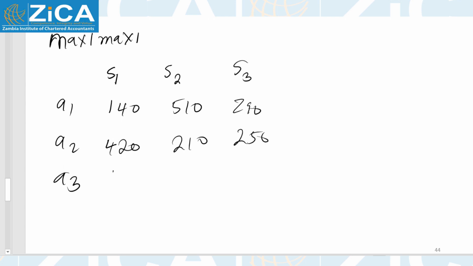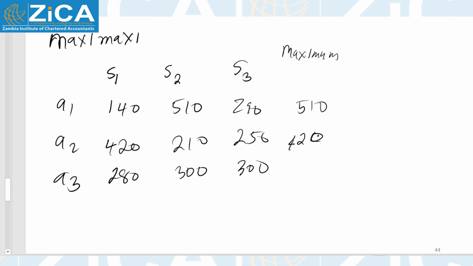Here we have got 280, 300, and then another 300. So when you look at max, just write maximum here in that column. When you look at action 1, what is the maximum there? It will be 510. For action 2, the maximum payoff will be 420. Here the maximum payoff is 300. So again, you look at the maximum of the maximum, which will be 510, which is coming with your action 1. So pick action 1.